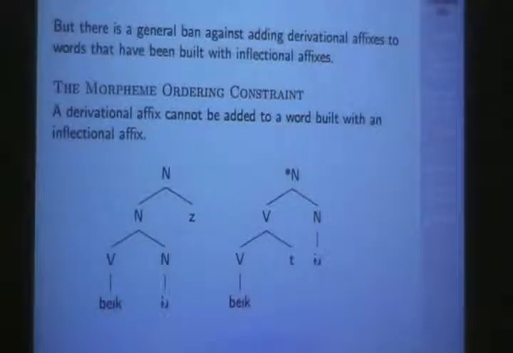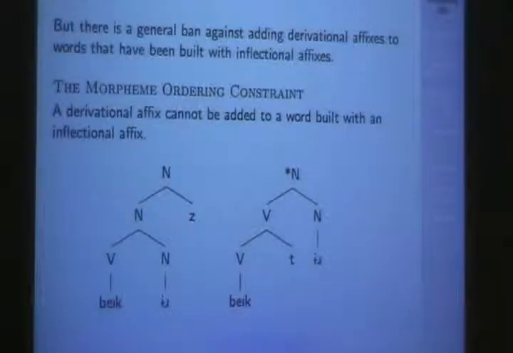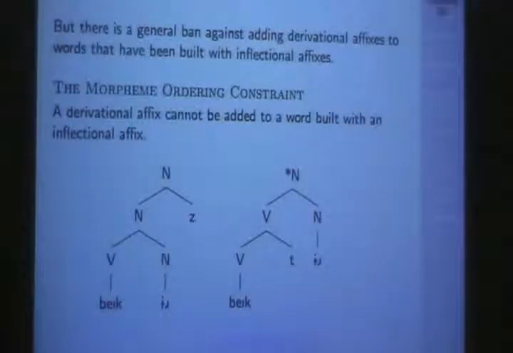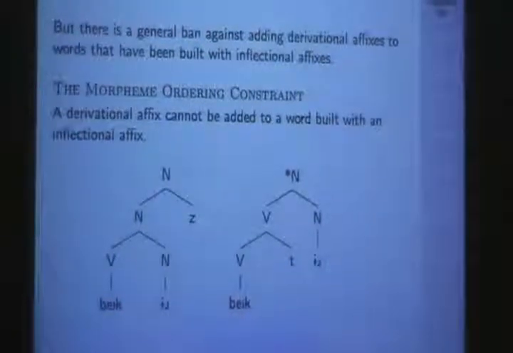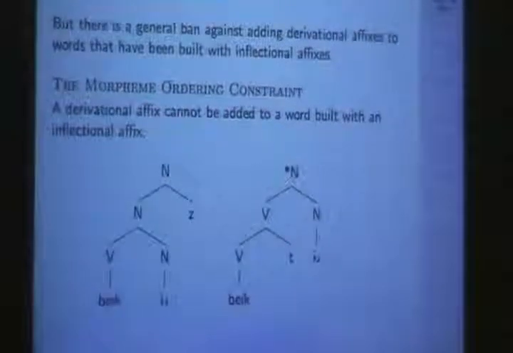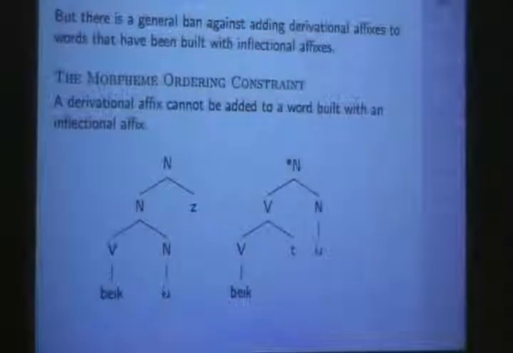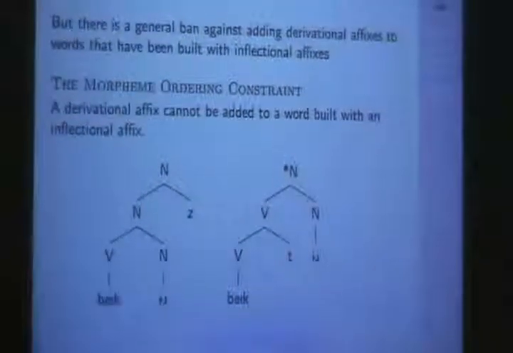If we try to build words that attach those affixes in the other order, that is, putting the inflectional affix on before a derivational affix, the results are always bad. They never work. In English, in every language, not possible. So, for instance, as an illustration of this, suppose I start with the verb bake. I put on a past tense morpheme.